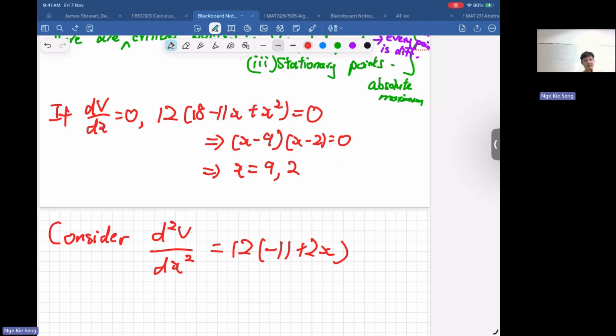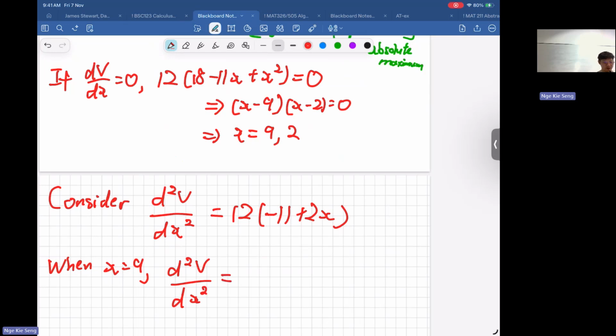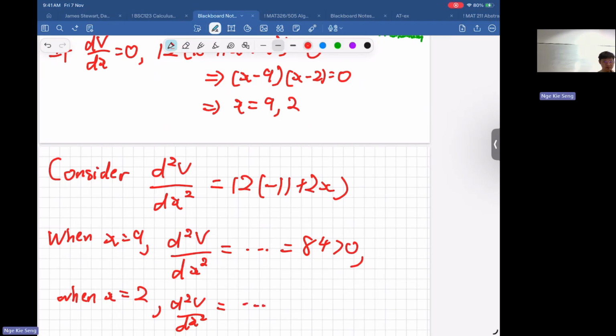To use the second derivative test, we just evaluate. When x equals 9, I get d²V/dx² to be 84, which is greater than 0. And when x is equal to 2, we get negative 2.